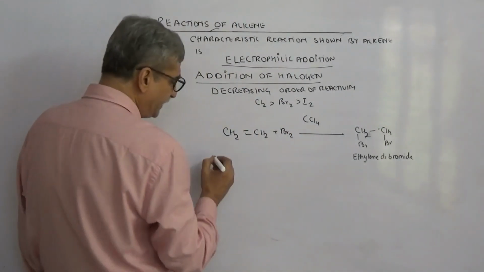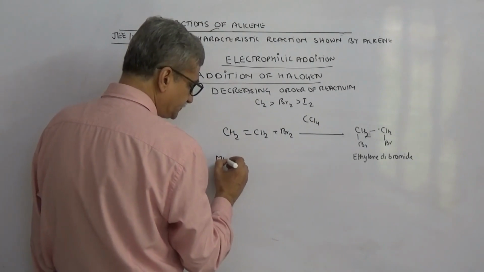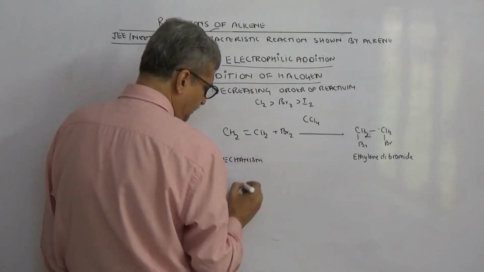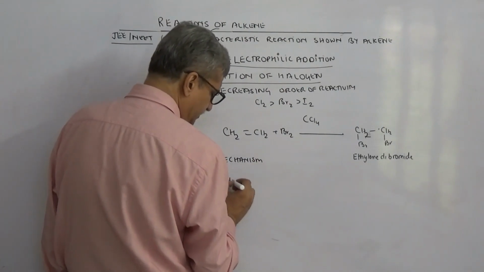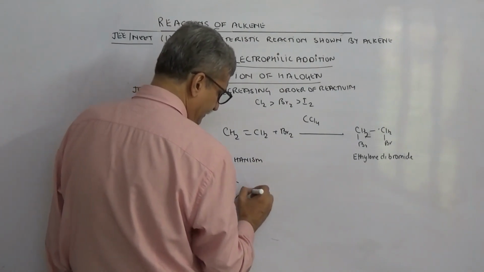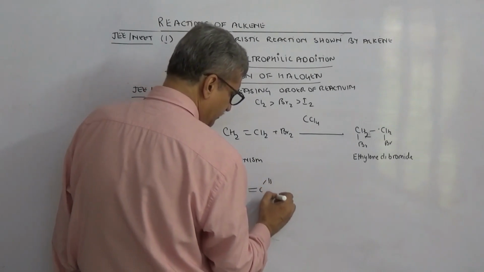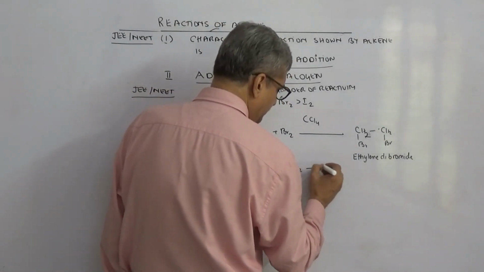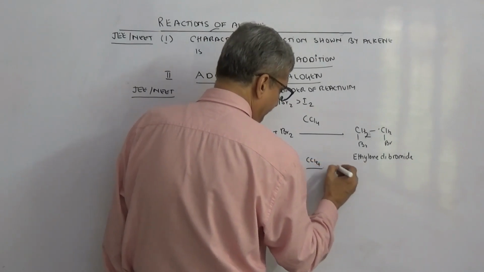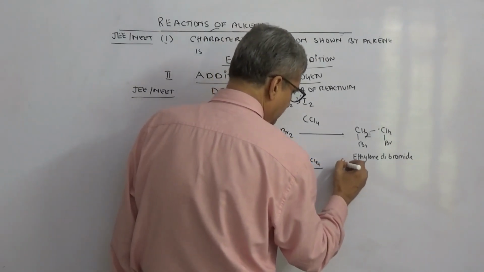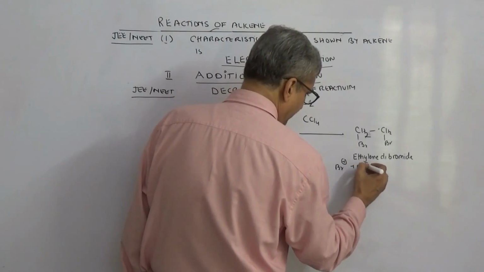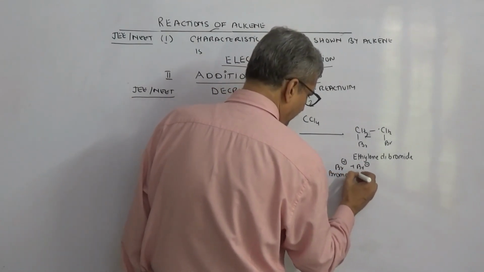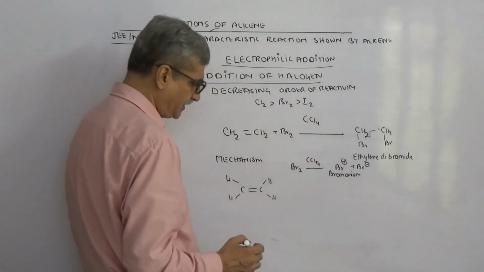Okay. So when I talk about the mechanism, you have CH2 double bond CH2. So when you have bromine Br2 in presence of carbon tetrachloride, it forms Br plus and Br minus. Br plus is called bromonium ion.